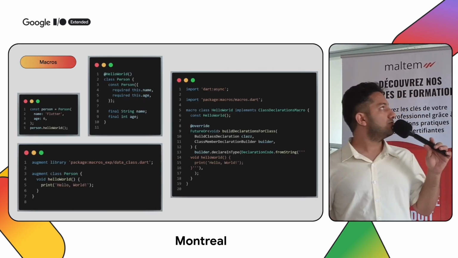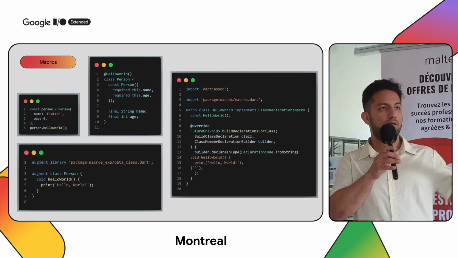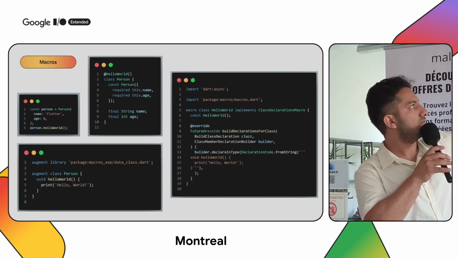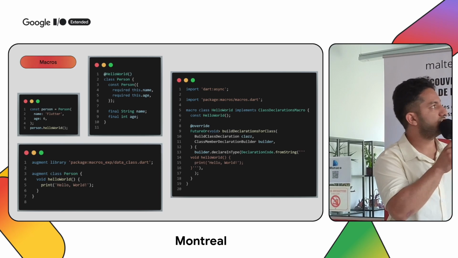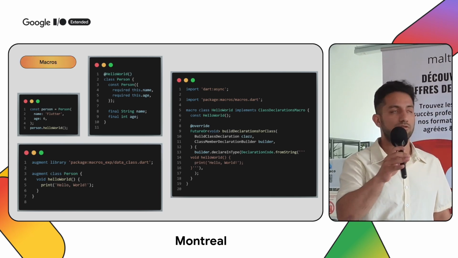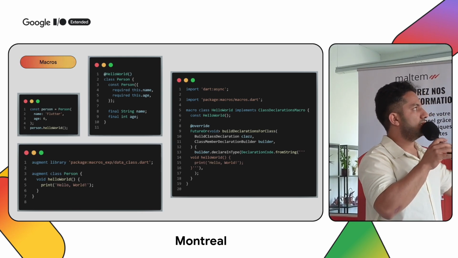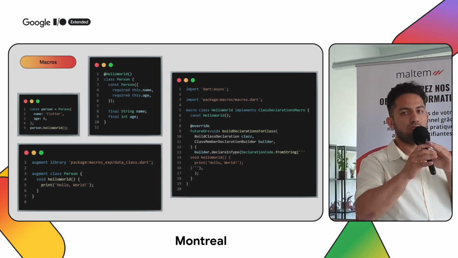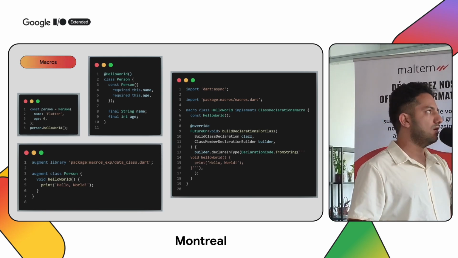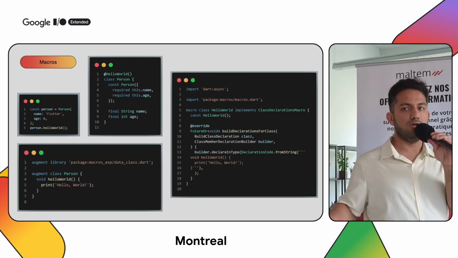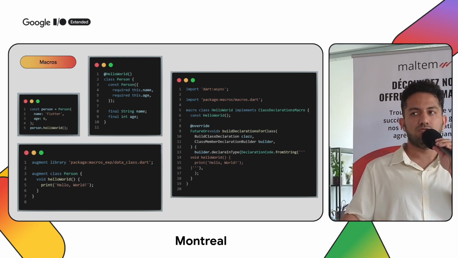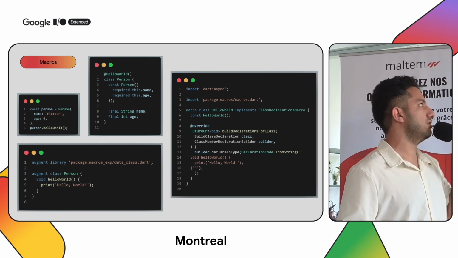What you can do is just add a meta annotation. For example, JsonCodable is a JSON generation, and you can use the macro within your generation folder. There are some generated augmentation classes that you can use, for example, for JSON and everything else.